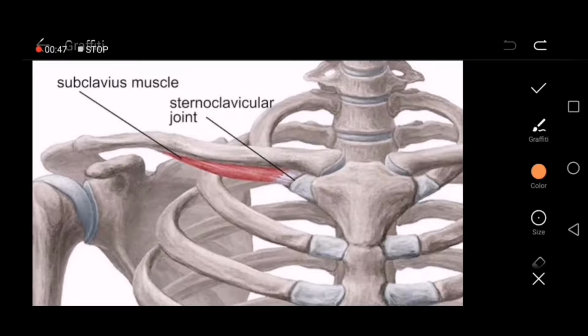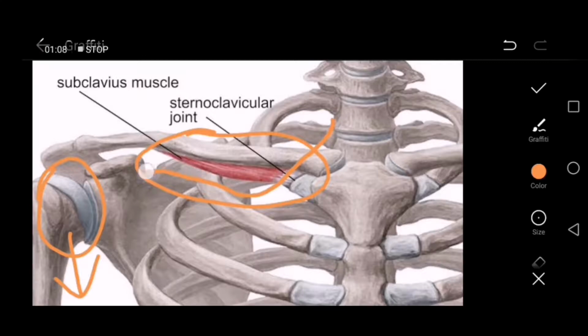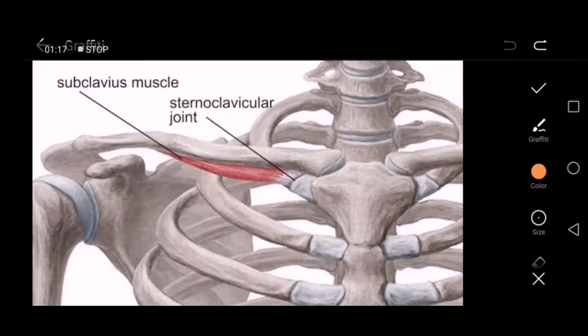In the anatomical position, the lesser tubercle of the humerus points forward, and with respect to that, we can see it lies almost horizontally just beneath the clavicle. Below the subclavius muscle pass the cords of the brachial plexus to the upper limb, and other vessels like arteries and veins. Then the sternoclavicular joint, the insertion, the innervation by the subclavian nerve, and the main action: it anchors and depresses the clavicle.